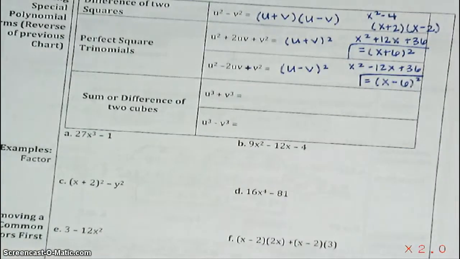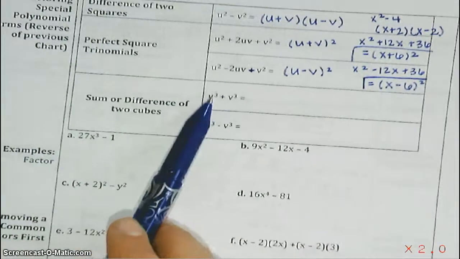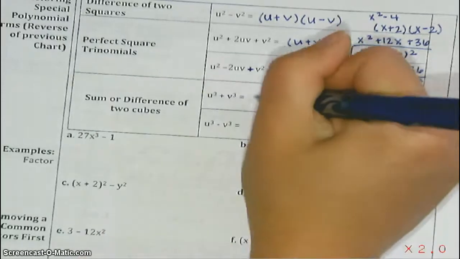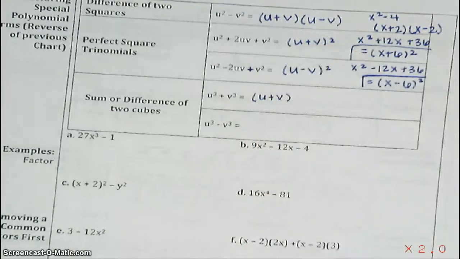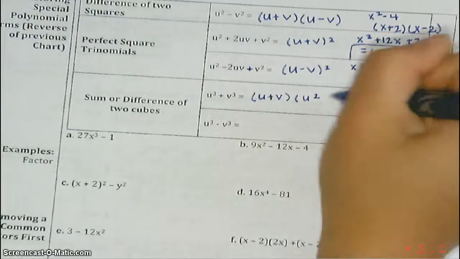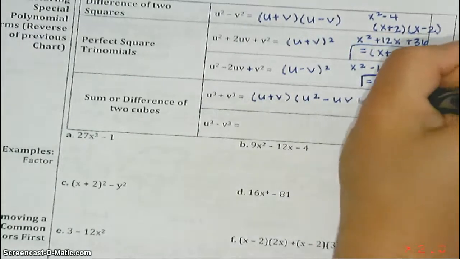Some other factoring that you might not be as familiar with are the sum or difference of cubes. Here we have two perfect cube terms. You would factor this into the first two terms, so u plus v. Then the second part is going to be the first term squared minus the product plus the second term squared.